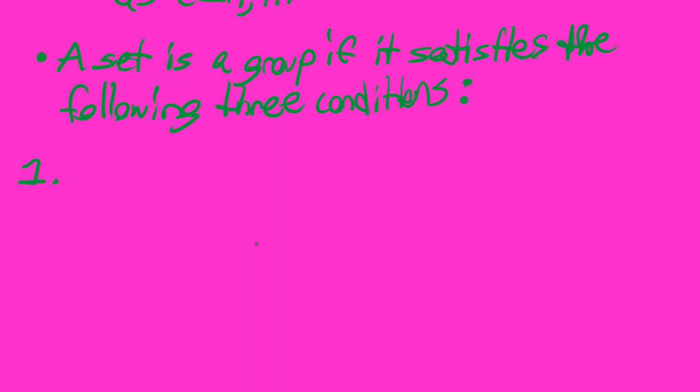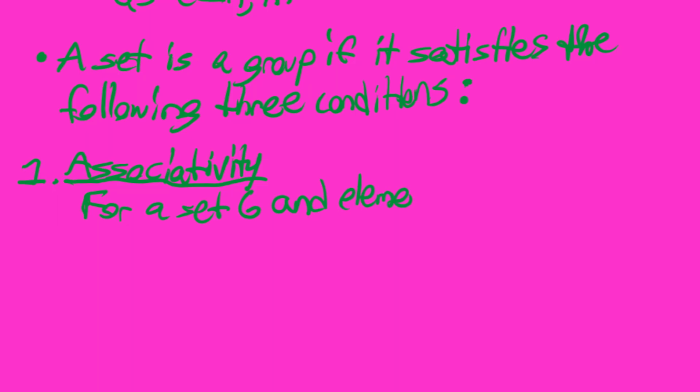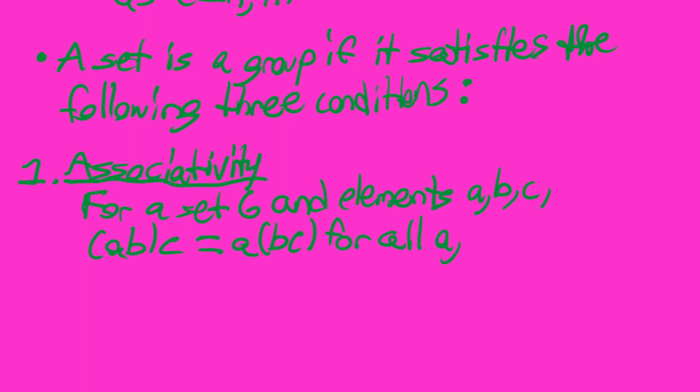The first one is associativity. So for a set G and elements A, B, C, (A times B) times C is equal to A times (B times C) for all A, B, C in G.